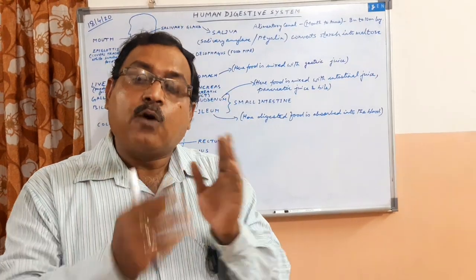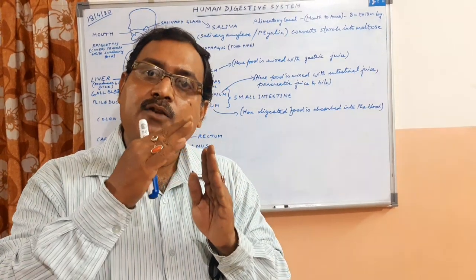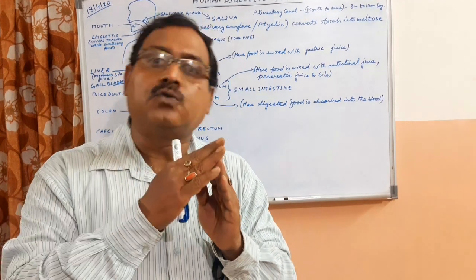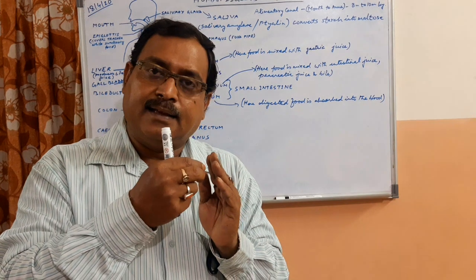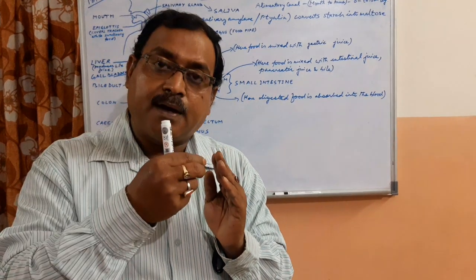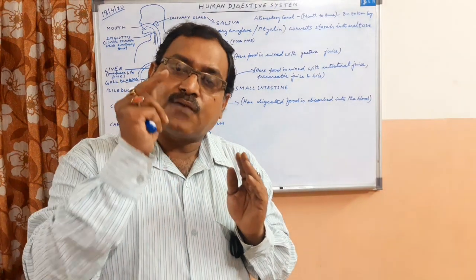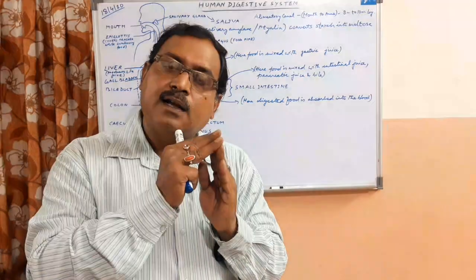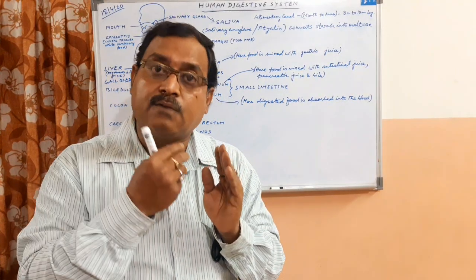Clear? Now, whenever you swallow food, the opening of the windpipe has to be closed. Otherwise, food particles may enter the windpipe and then it will choke you. So, this is the function of the epiglottis, to block the opening of the windpipe whenever you are swallowing food.